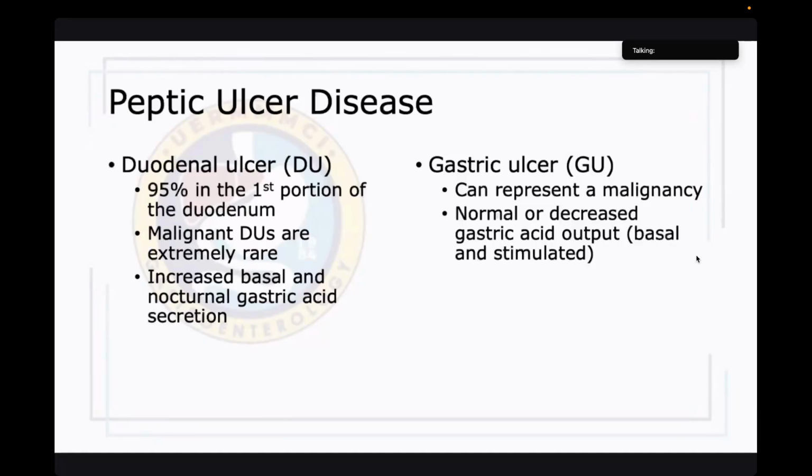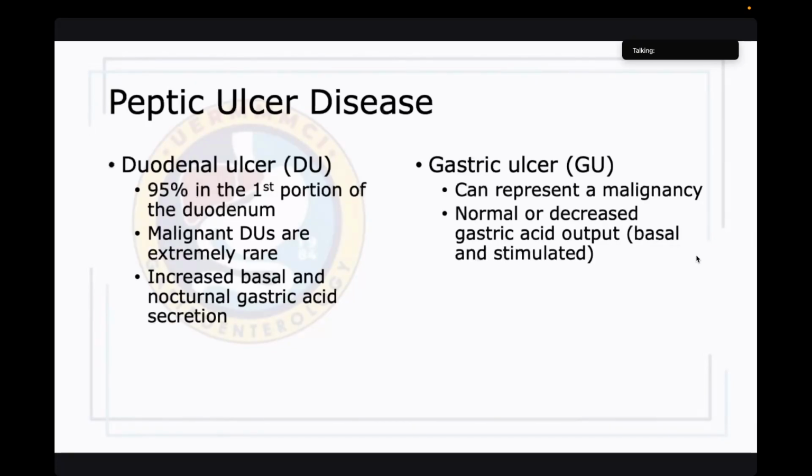But the most important difference is that malignant duodenal ulcers are extremely rare, while gastric ulcers can represent a malignancy or may at least be a risk factor for malignancy later on. And this is the reason why we take biopsies on gastric ulcers and do surveillance endoscopy later in gastric ulcers, while we don't take biopsies in duodenal ulcer and we do not need to do surveillance endoscopy.